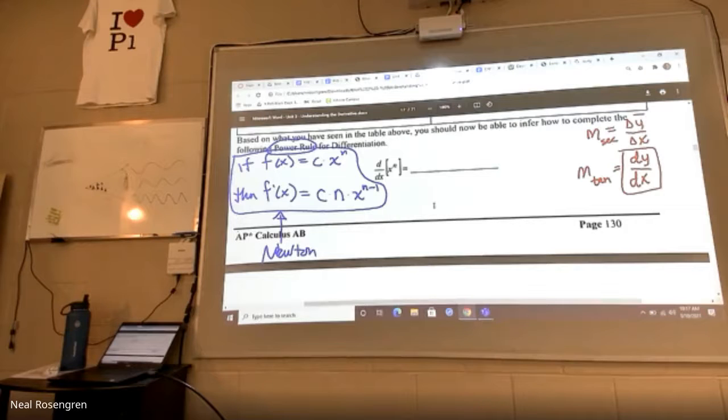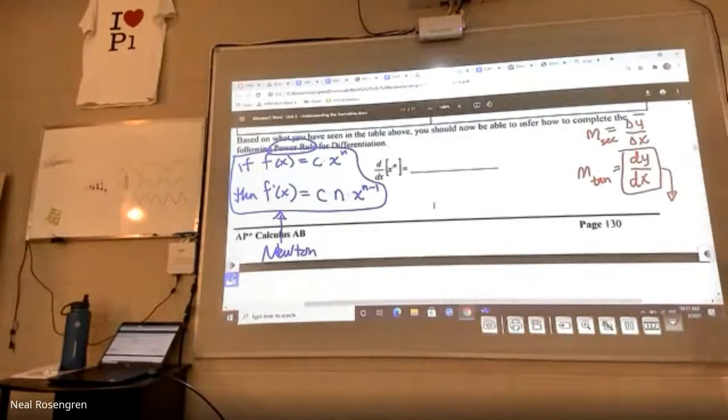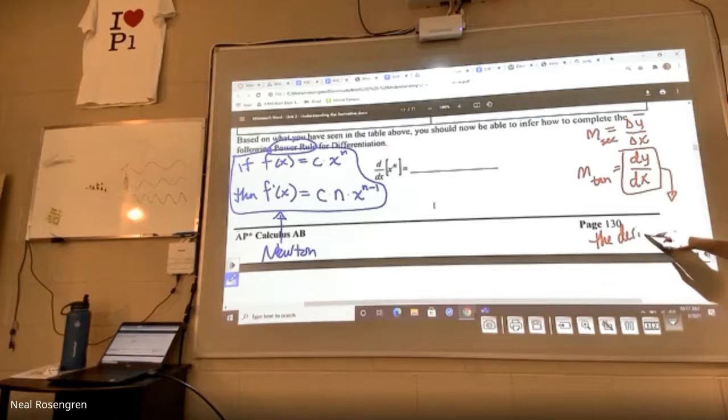Once he wrote that down, he said, that's a nice notation that maybe I can start using more frequently, something I can write down to represent the derivative. And so he said, I'm going to call this the derivative of y. That's what the dy on top is. That's how I'll say it out loud, the derivative of y.